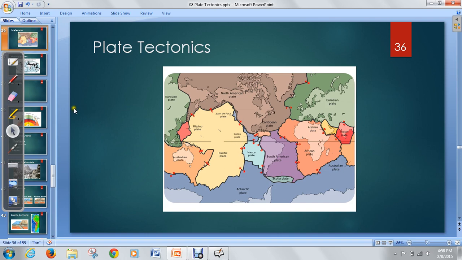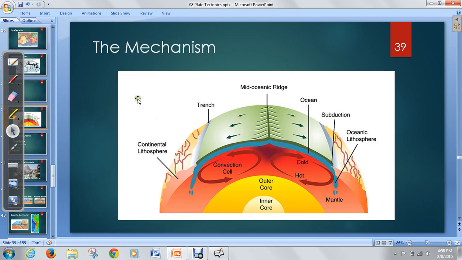Okay, and so very similar to seafloor spreading, the mechanism for the plates to be moving happens from convection. So not just from the magma coming up and splitting it like in seafloor spreading, but it comes also from these convection cells. Just like you probably learned in grade school, hot air rises and cold air sinks. Well, hot magma rises and cold magma sinks as well.